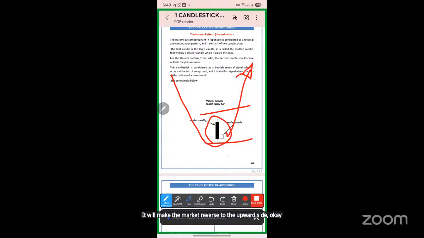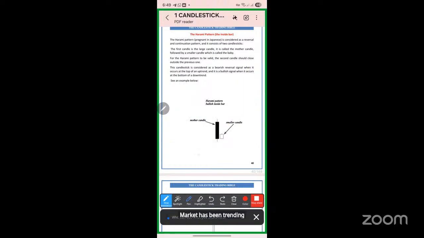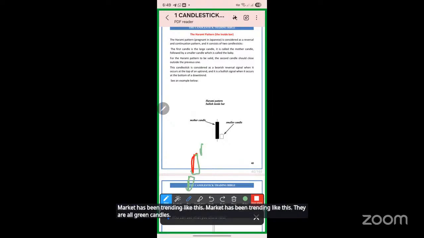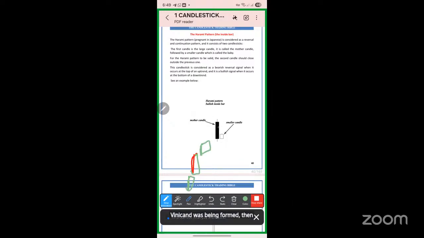And it is a bearish reversal signal when it occurs at the top of the uptrend. For example, market has been trending like this, with all green candles being formed. Then after you find this Harami pattern, it indicates reversal to the downward side.